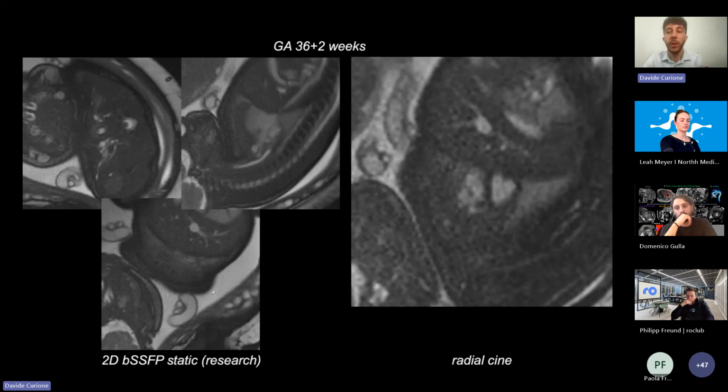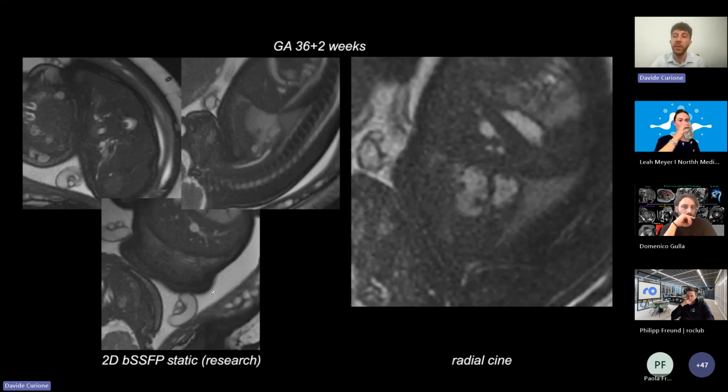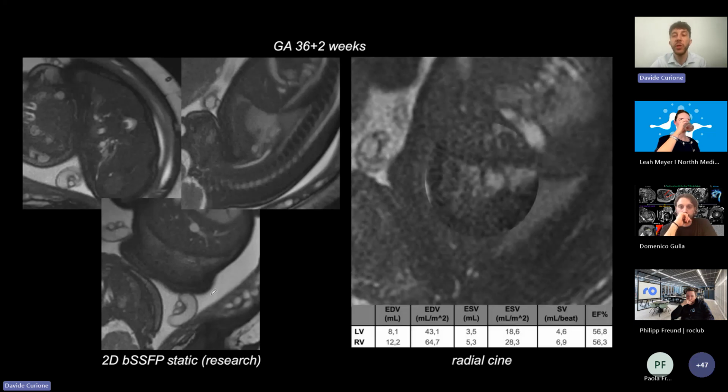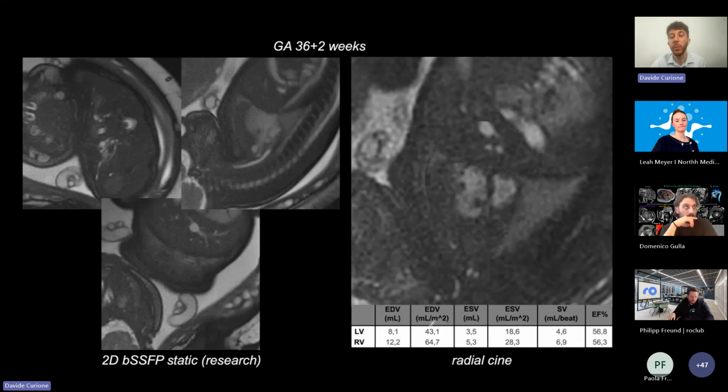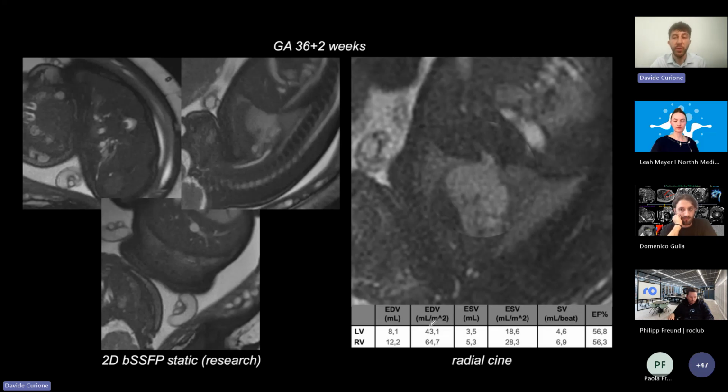Ventricular discrepancy was a little bit more evident, and in this case we even did quantification of the ventricles to show that the right ventricular volume was about 1.5 times that of the left ventricle, which was still of adequate size.